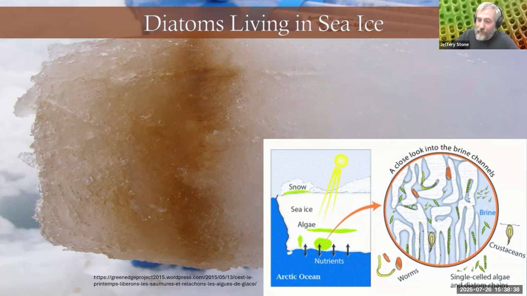So this is not only a hypersaline environment, but also an extremely cold environment. You can see they go across the entire spectrum, from very warm to the coldest places you can imagine, and these are diatoms that thrive in those conditions. That brown part of the ice that you can see is masses of diatoms growing in the bottom of sea ice, living, not just frozen in it, but actively living in those environments.